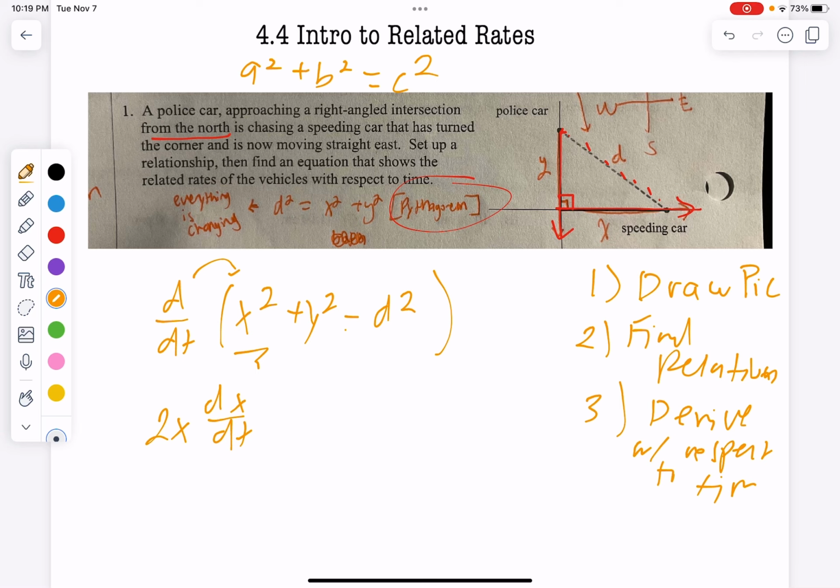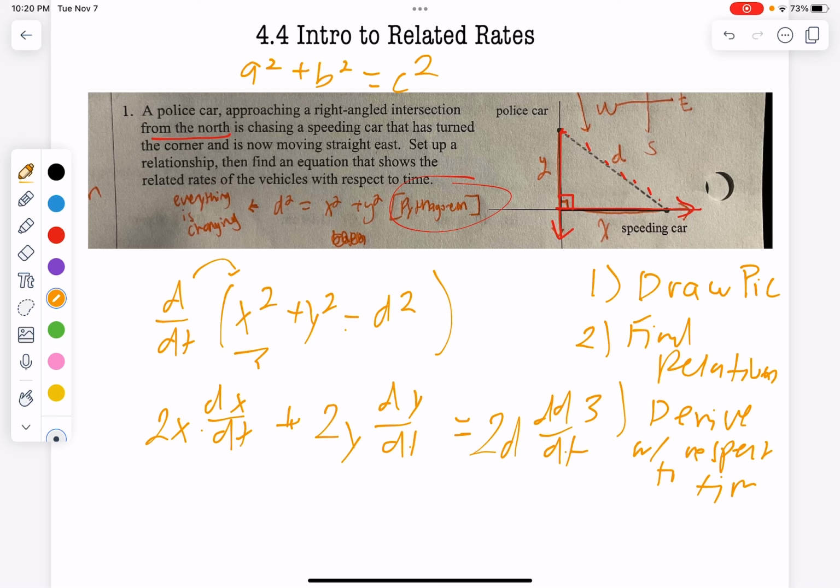I know with x, you can feel tempted to say the derivative of x is going to be 1, or you're going to do 2x. Nope. In this case, you will be using implicit differentiation, which is why chain rule comes into play. Because you have x squared, you do power rule to get 2x, and then, of course, times dx/dt. We're doing that again for the y squared as well, so plus 2y dy/dt, and that's going to equal 2d dd/dt.